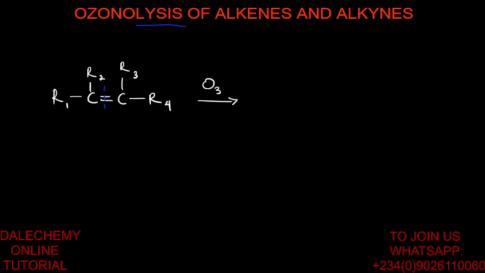When you do that, you have these two fragments, R1, C, R2, and double bond C, R4, and R3. The next thing is to add oxygen to these two fragments. So that will be the product of ozonolysis of alkenes.